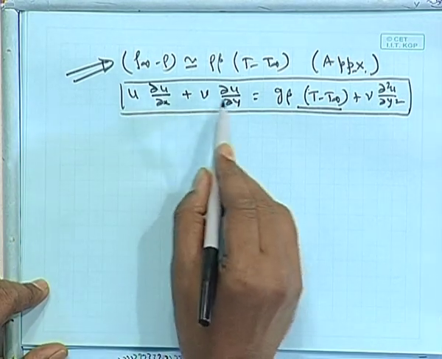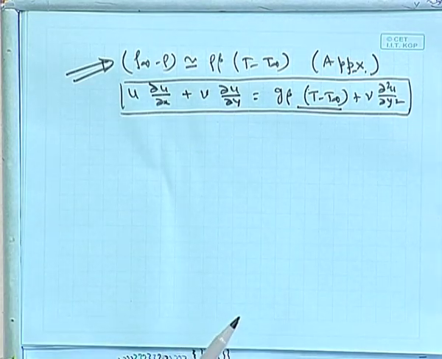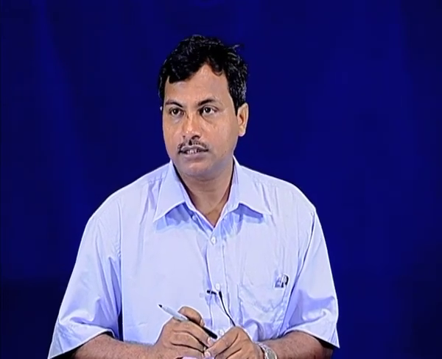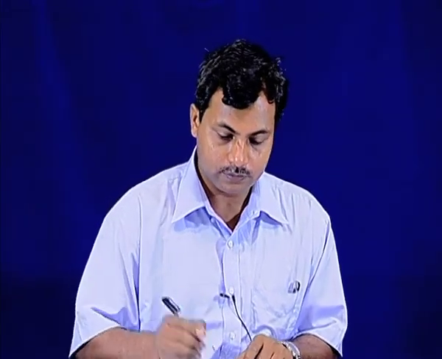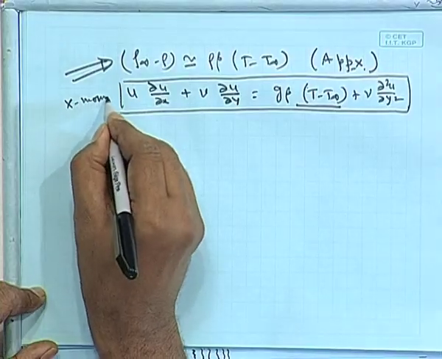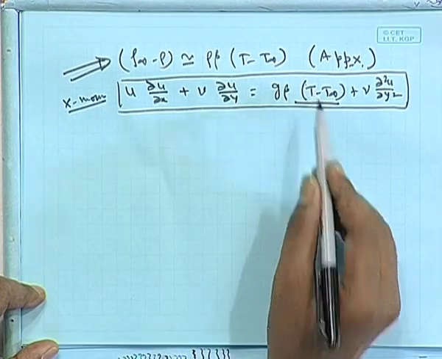So you cannot solve this equation independently. This is a coupled x momentum equation with the energy equation because of this term. So, obviously, this will be x momentum. You have already consumed y momentum to get this one.